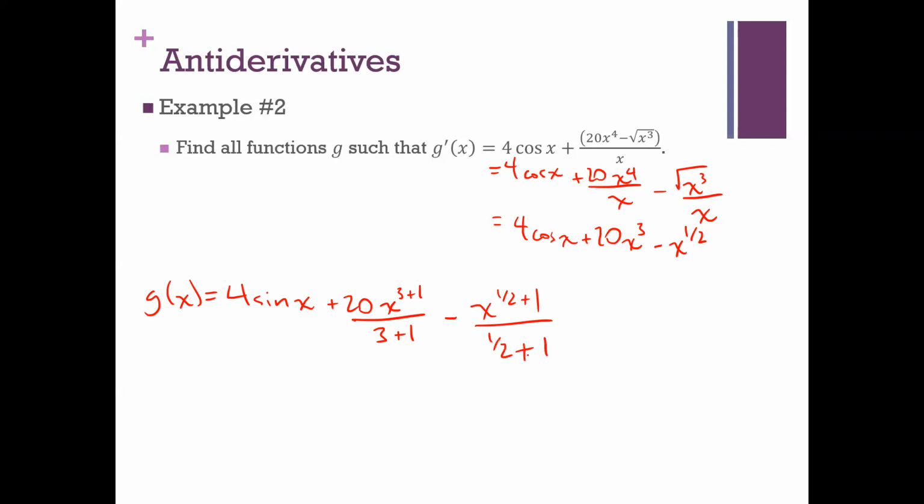Okay, so for now, let's leave it like that. We'll clean it up a little bit, but are we okay with what we have here? Okay, so now we can clean things up. So this antiderivative is 4 sine x plus 5x to the 4th minus 2/3 x to the 3/2. All right, how do you feel about that antiderivative?